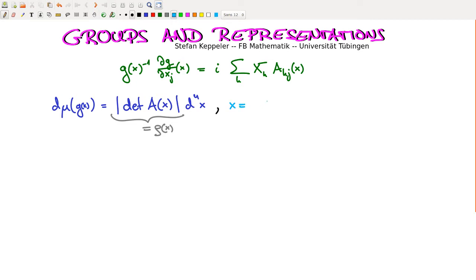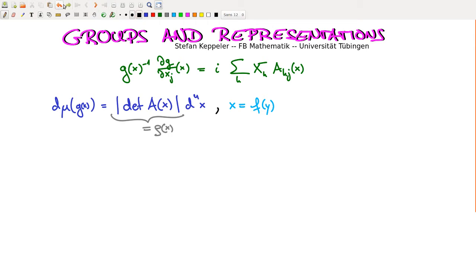So let's say x is f of y, some other coordinates. And if everything is nice, then if we calculate our Haar measure in these coordinates, we should just get a Jacobian from the change of coordinates from x to y.